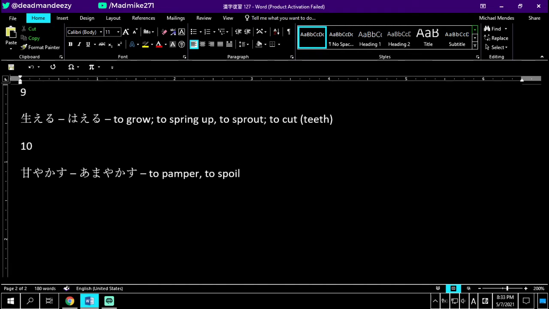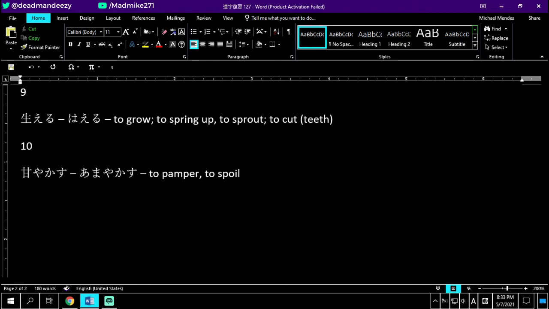It's amayakasu. Kanji on the left side means sweetness. Amayakasu. Kasu is dregs or sediment or the grounds of something, leftovers. Amayakasu, to pamper or to spoil someone. Spoil something.